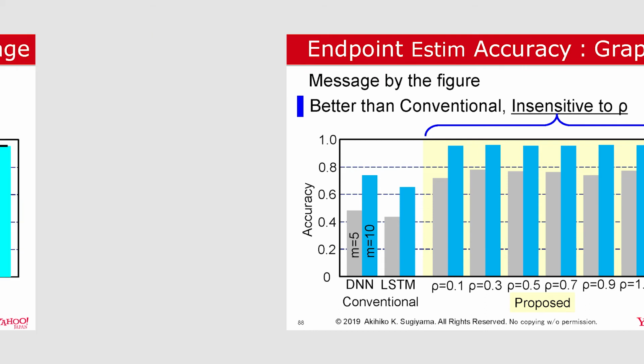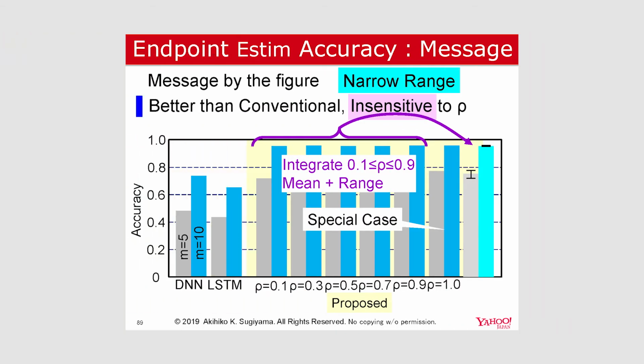So how can we make it better? The thing is that insensitive is the message. That means narrow range. You are showing the range is narrow. So let's integrate all these bars into a single one, mean plus range. What you are showing here is that they are almost the same.